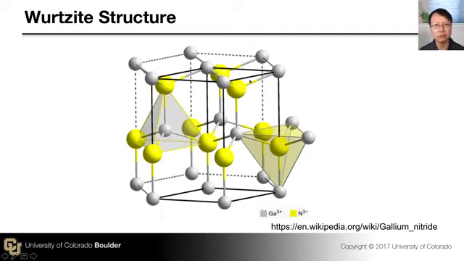So this is the two-atom basis that is mapped onto a hexagonal Bravais lattice, and a hexagonal Bravais lattice with a two-atom basis in this geometry is called the Wurtzite structure. Some of the 3-5 compounds such as gallium nitride crystallize into the Wurtzite structure. Also, some of the 2-6 compounds such as zinc sulfide, when prepared at high temperature, form this Wurtzite crystal structure.